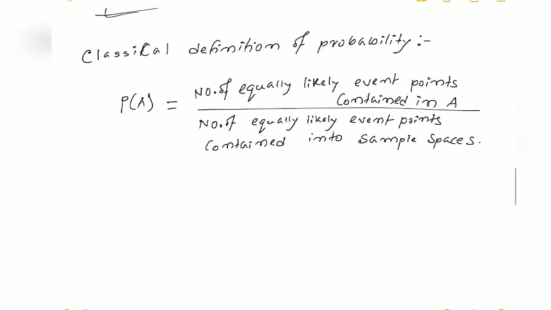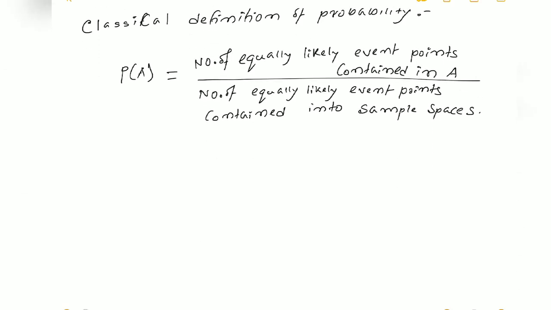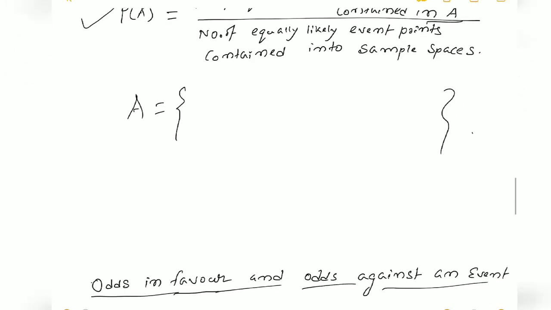Also, now let us come to the classical definition of the probability. Now here it is said that probability of A is the number of equally likely event points contained in A, which means A is actually the favorable events from an experiment. Suppose a die experiment, you have this sample space of 1, 2, 3, 4, 5, 6.